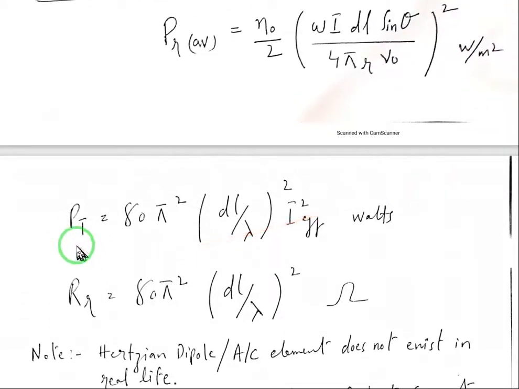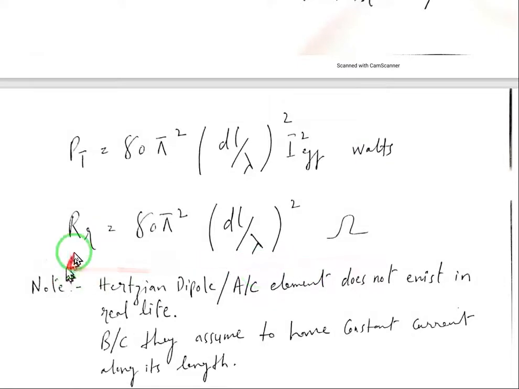The transmitted power for alternating current element is derived as 80 pi square dl by lambda whole square I square effective, that is in watts, and the radiation resistance is equal to 80 pi square dl by lambda whole square, the unit is ohms.